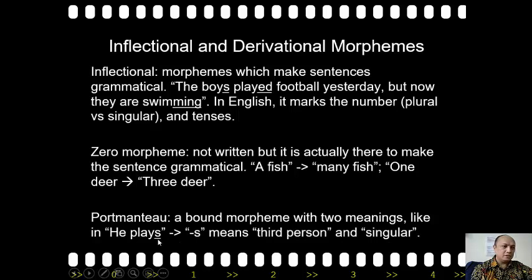In fact, this is called a third person singular S. You know that when you make a sentence in present simple tense, you have to put the third person singular S after the verb, in which the subject is he or it or any singular noun. So this means two, third person and singular. That's why it's called portmanteau.